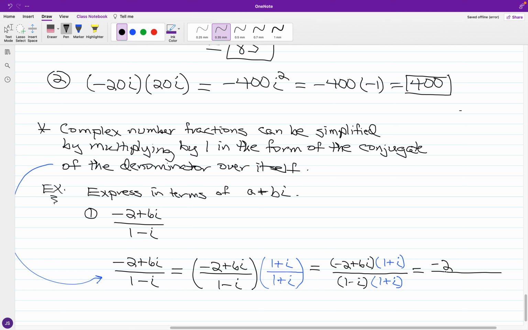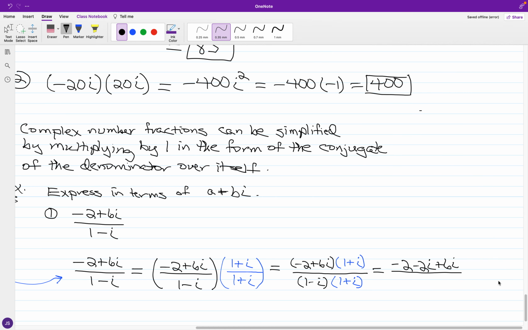The outside product gives negative 2i, then plus 6i. And again, we have 6i times i, so we have a plus 6i squared. And again, 6i squared is going to be 6 times negative 1.